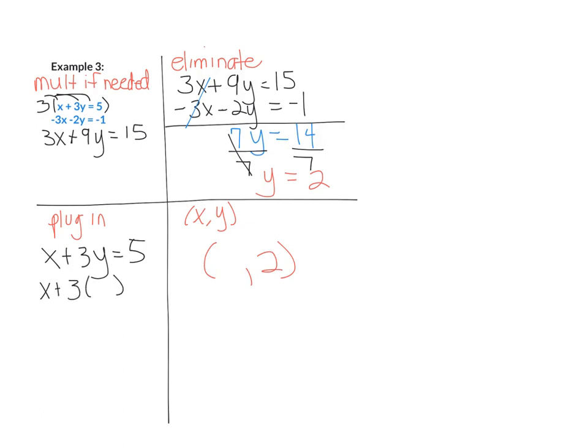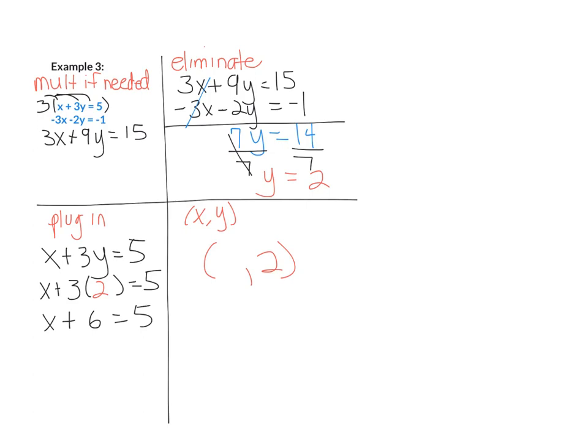I'm going to multiply by 2 equals 5. So now I'm going to go ahead and bring x down. 3 times 2 gives me 6. Bring down my 5.